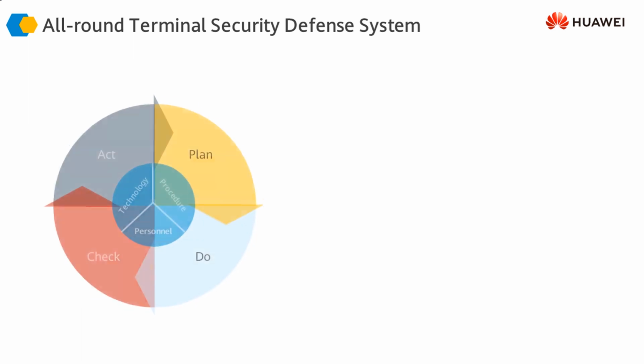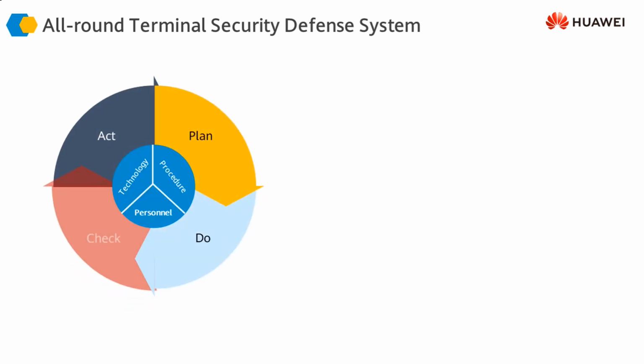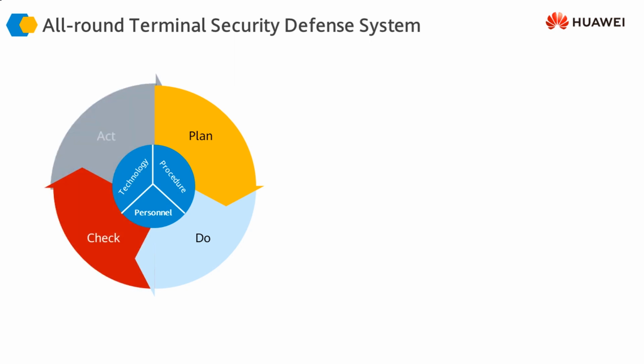This is the PDCA, or plan, do, check, and act behavior, which we follow within our infrastructure. By this we mean that we plan our security strategy, we do whatever we are trying to do, we implement that strategy, we check the impact of that strategy, and then if any changes need to be made, we act upon the results and make those changes, and then we plan accordingly.